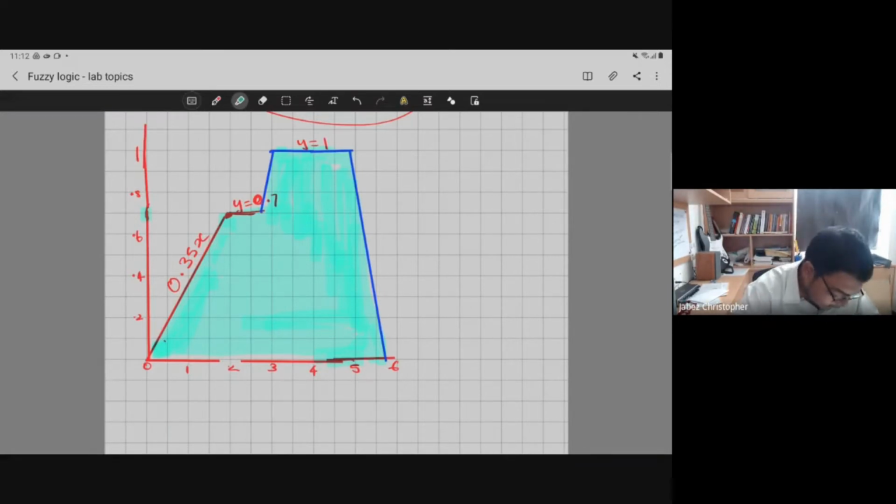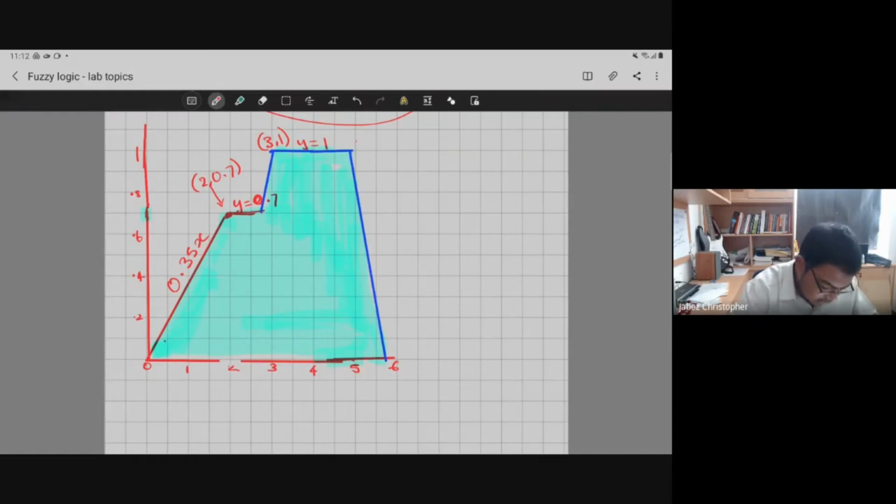So this is going to be 0, y is equal to 0.7, and the different points here. This point is 2, 0.7. This is 3, 1. This is 4, 3 to 4.